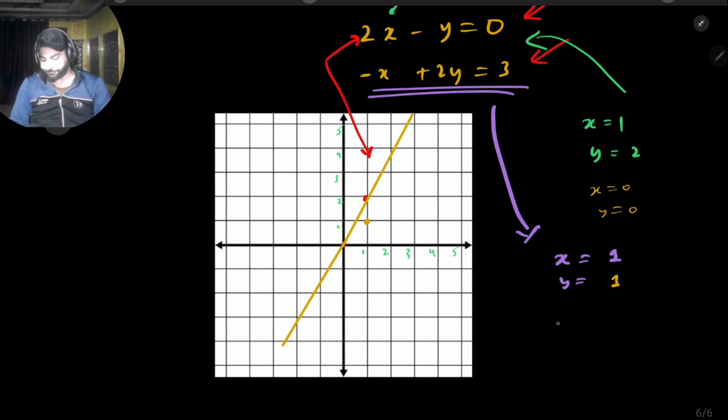Let's put 3. So minus 3 plus 2y is equal to 3, so y is equal to 3. So x is equal to 3 and y is also equal to 3. This is the point 3 comma 3. Now we have 2 points, and these 2 points are enough to have a line, so we'll just draw a straight line.